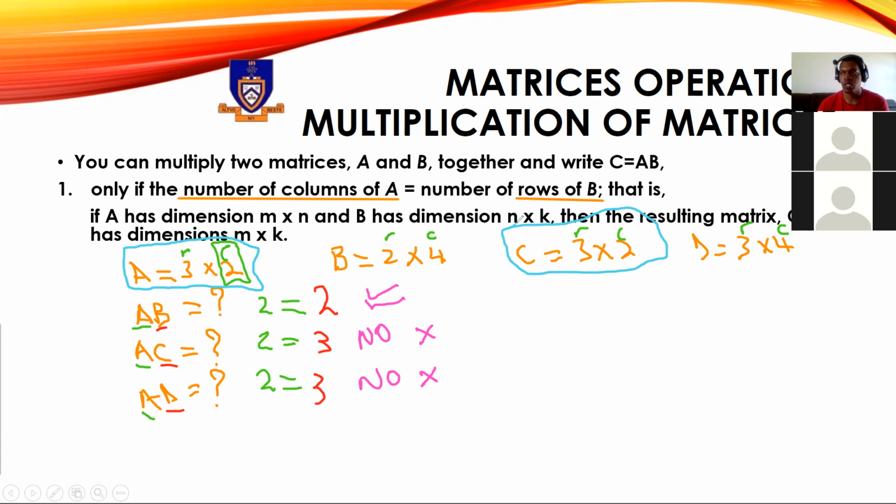That is for addition. But we cannot multiply them together because the column of A is not equal to the row of C.